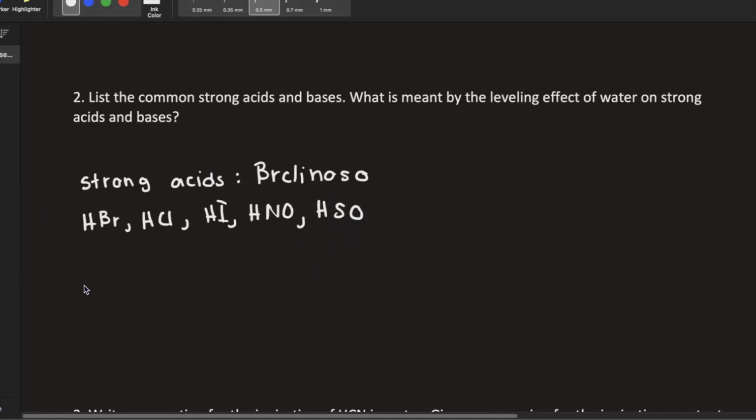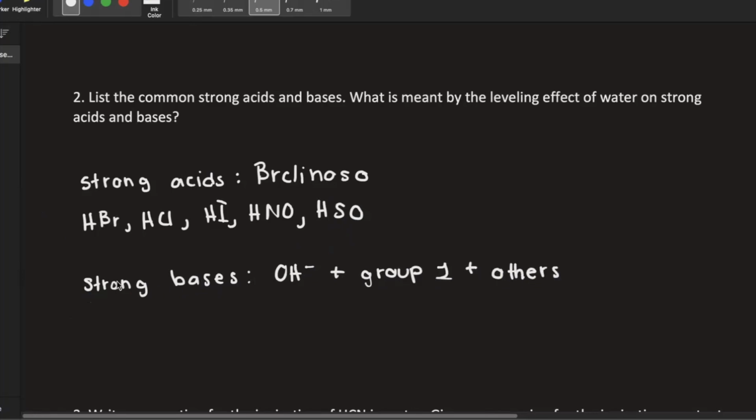Then we're going to look at strong bases. And we know that strong bases are OH groups plus group 1 in the periodic table plus others.